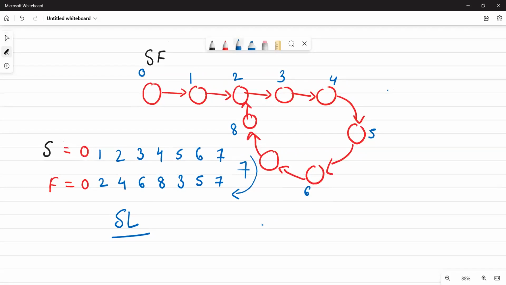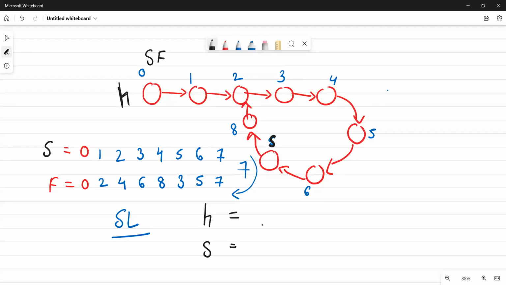We have got our slow pointer over here, and we have our head over here. Just start moving your head, make it h equals h.next, and move your slow also.